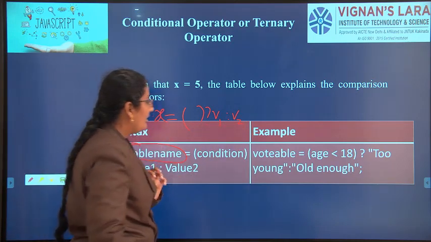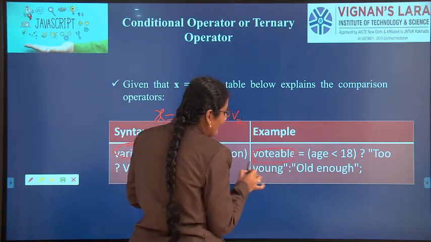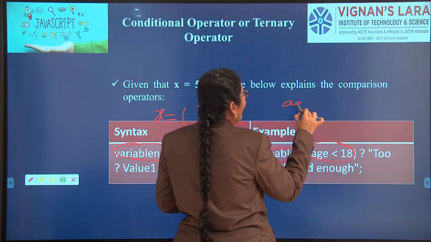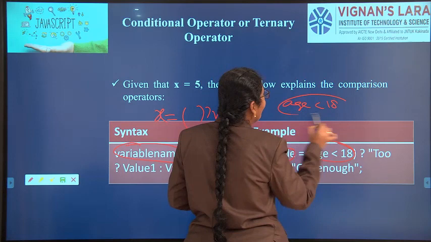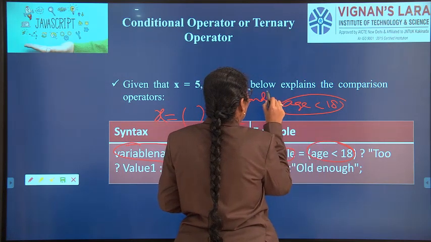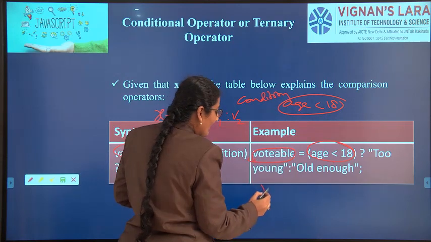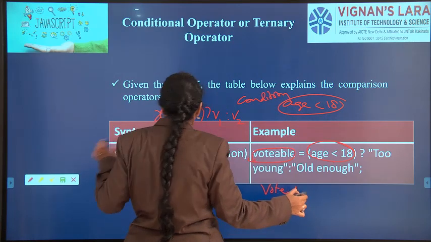So see here, the variable name is votable. Age less than 18. This is the condition. What is the condition given here? Age less than 18. What is the variable name given here? Votable.